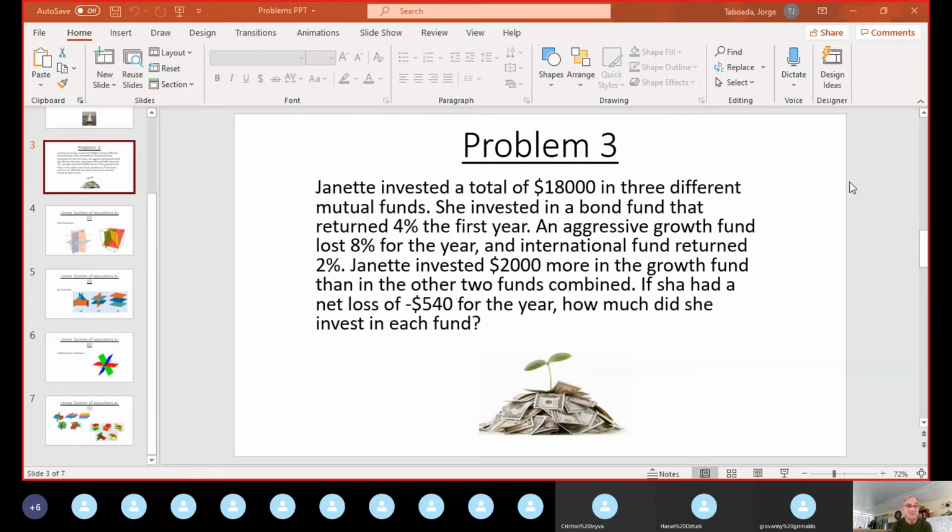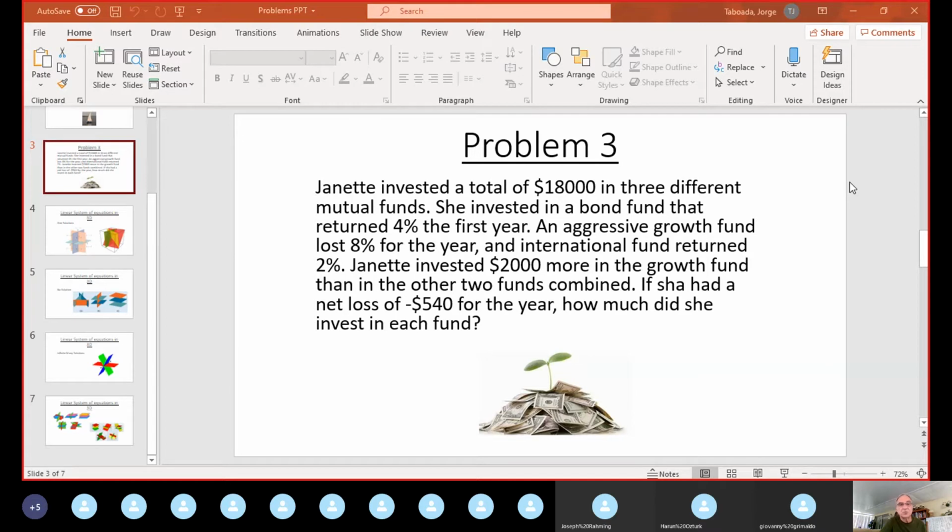Okay, let me explain. Janet is the name of the lady. She invested a total of $80,000 in 3 different accounts, mutual funds. She invests in a bond fund, that returns 4% in the first year. Basically, we are talking about 1 year.